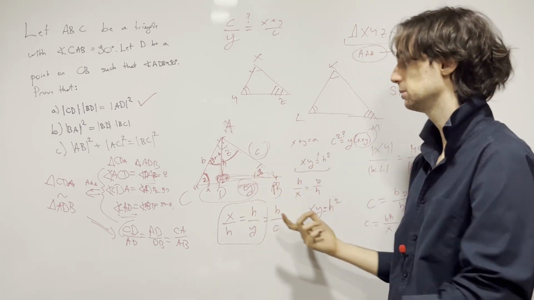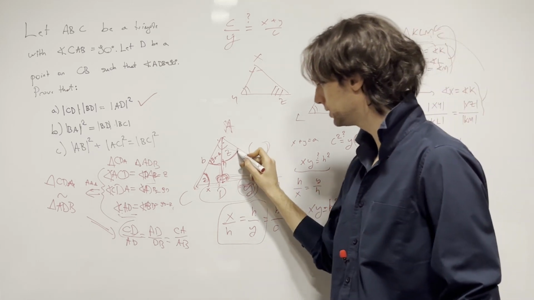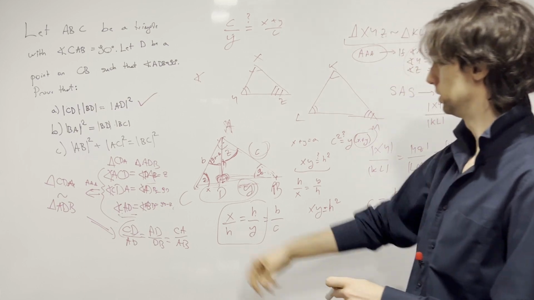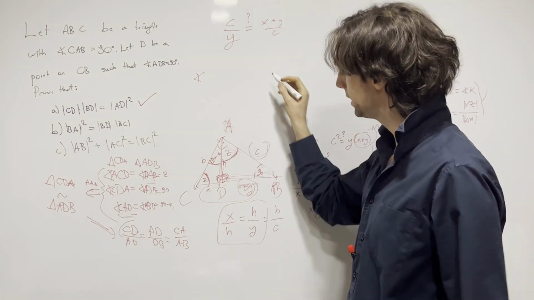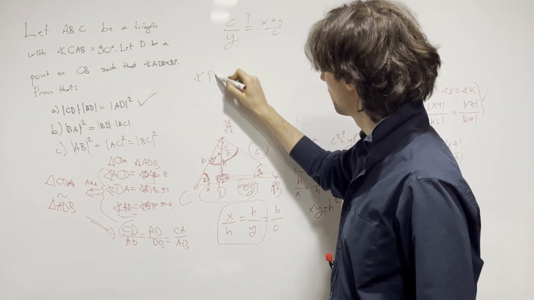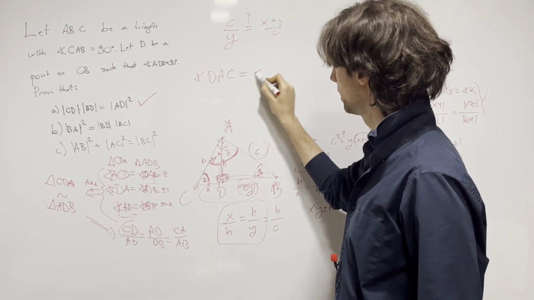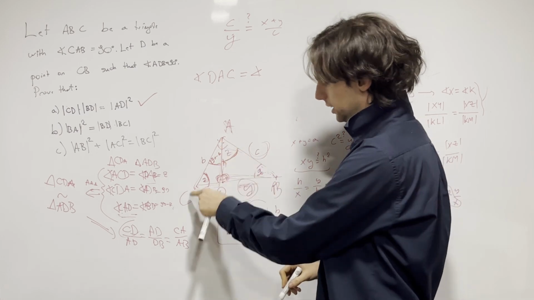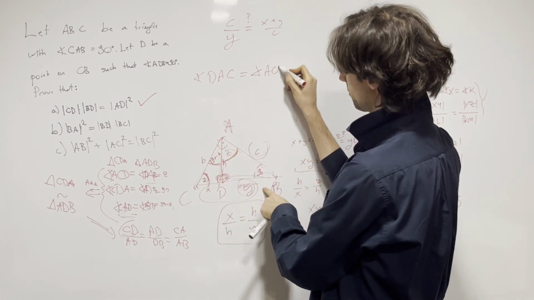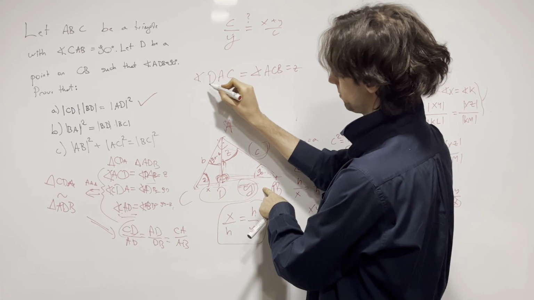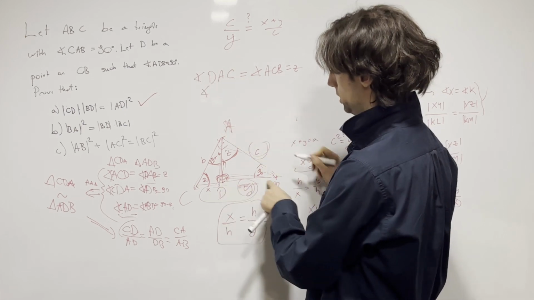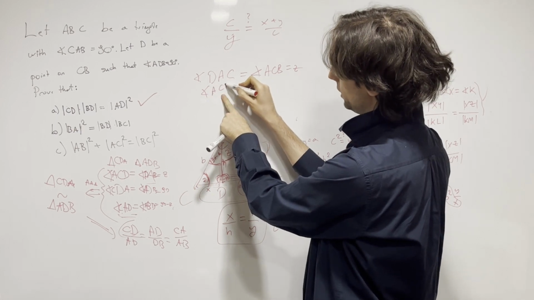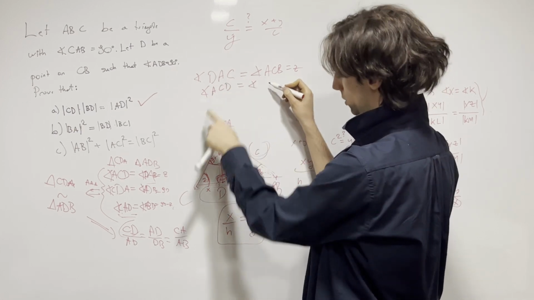Now let's look at what we have from similarities. So we have this angle Z. Let me clear this up. So we have the angle ACB is equal to Z. Let's go one by one.